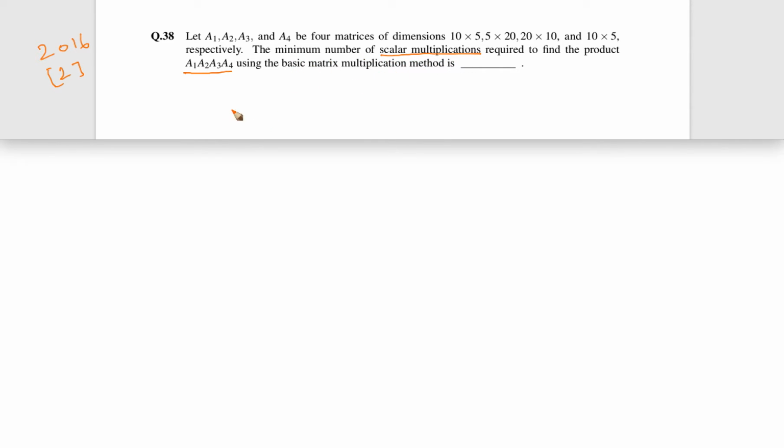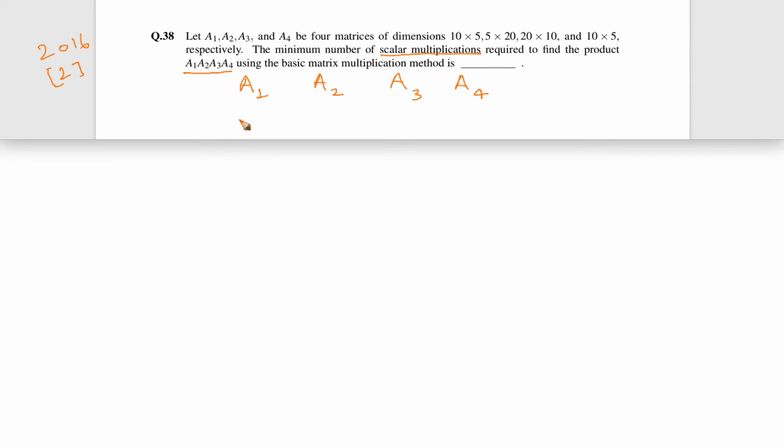So this is a standard problem. This problem is matrix chain multiplication, and it is a standard problem in the dynamic programming paradigm. So let's solve this. These are the 4 matrices given: A1, A2, A3, A4.